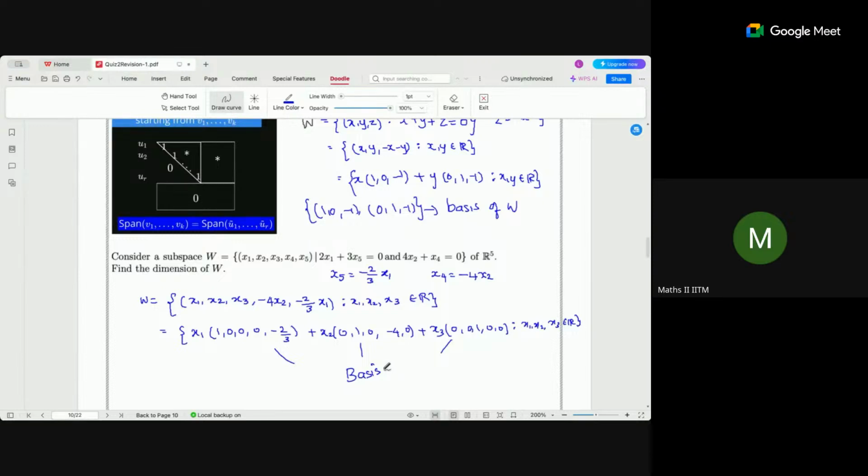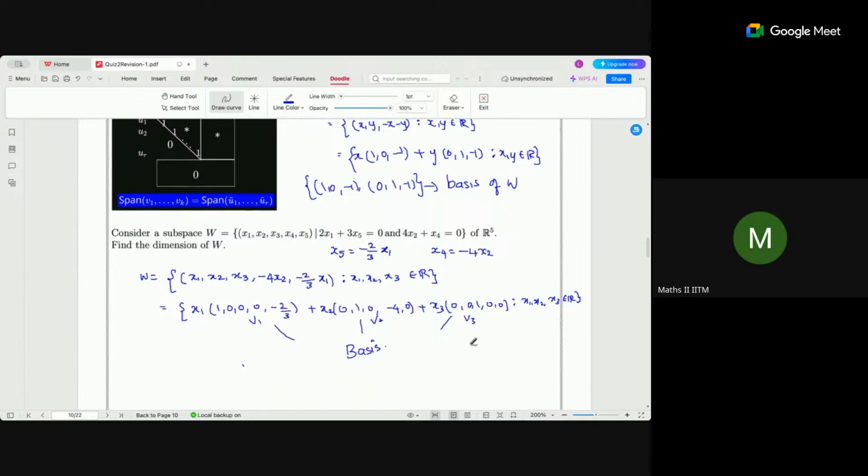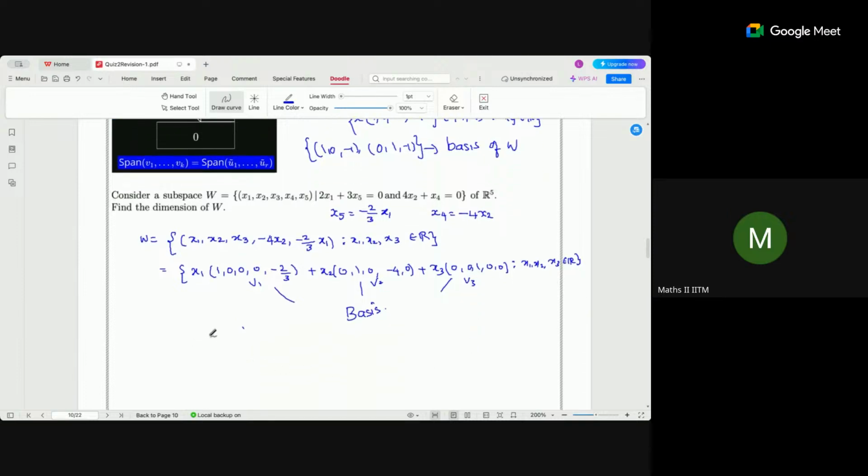Let us call these vectors v1, v2, v3, a basis. Now I am going to write another set: 3, 0, 0, 0, minus 2; 0, 1, 0, minus 4, 0; and 0, 0, 100, 0, 0.